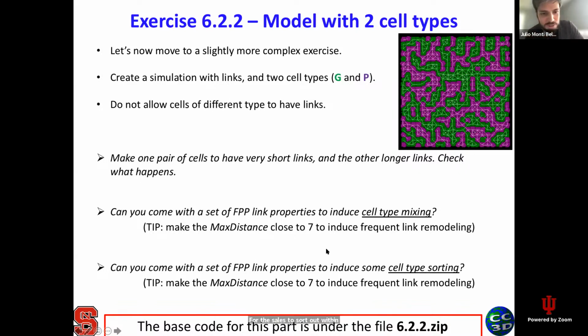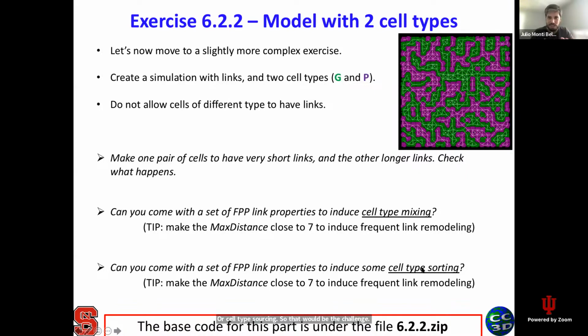Okay. So that is the exercise. If you don't want to waste time making the basic template of the model, you can directly use the base code from file 6.2.2.zip, where the 2 types are already there and the parameters are there, and you only have to modify them to induce either cell type mixing or cell type sorting. So that will be the challenge for this exercise.